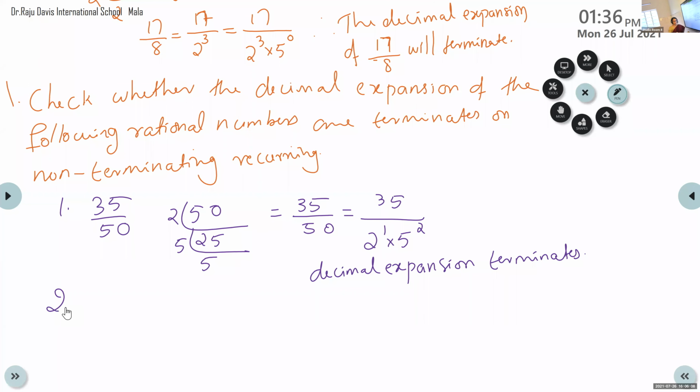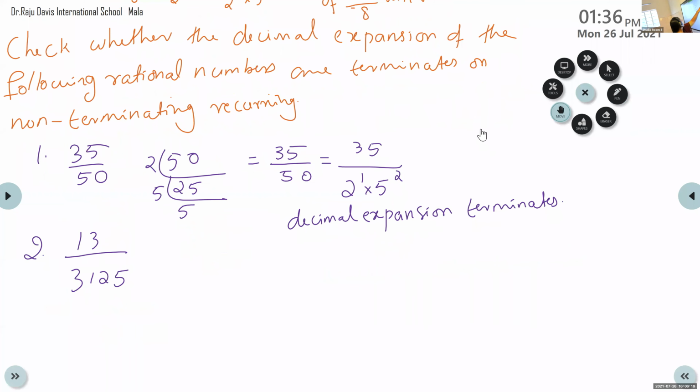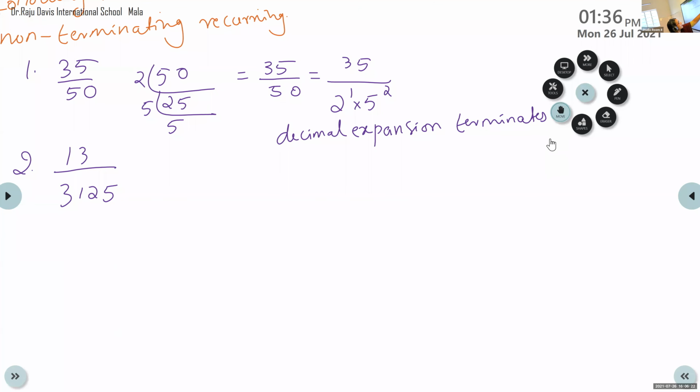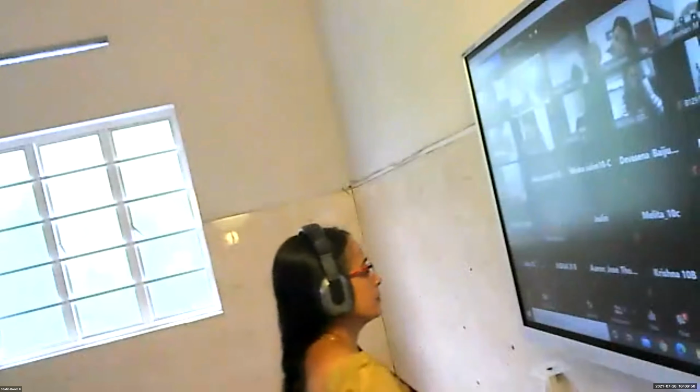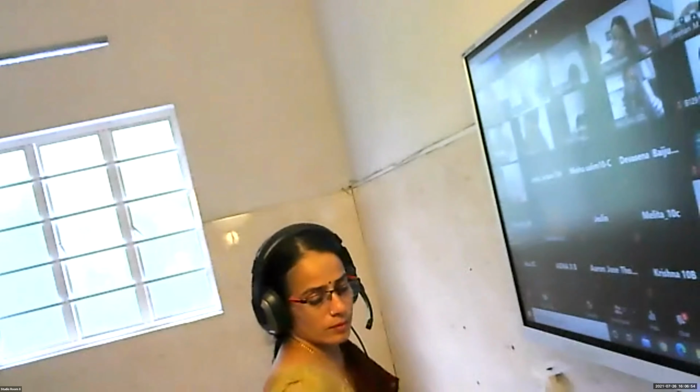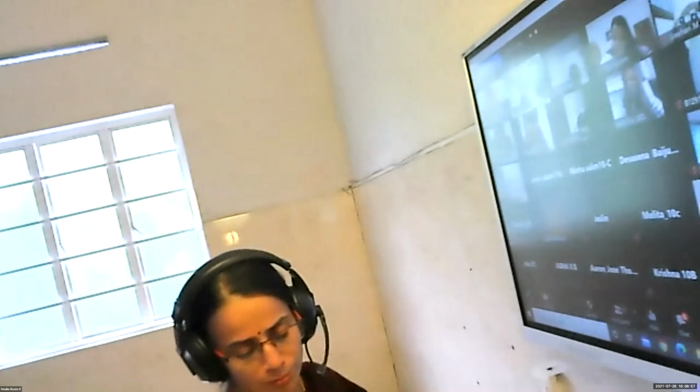Decimal expansion terminates. Second question, 13 divided by 3125. Find the prime factorization of 3125. Find out whether the decimal expansion will terminate or not.